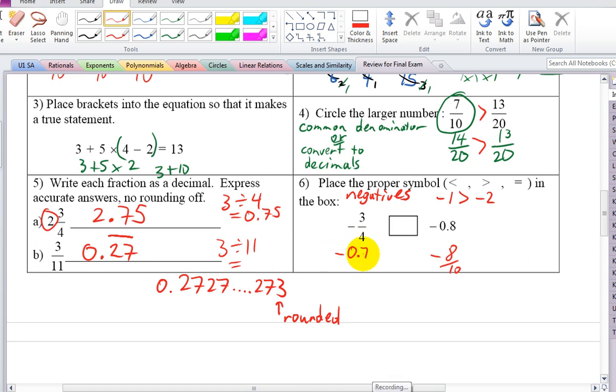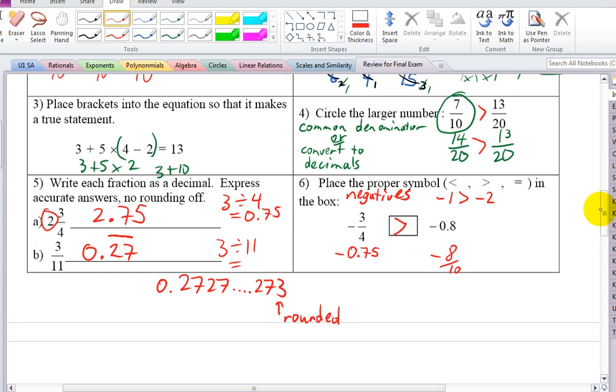Watch your negative signs. Jessica, which one's bigger? Yep, negative 0.75. So your sign should eat that number. Make sure you got the correct sign down there.